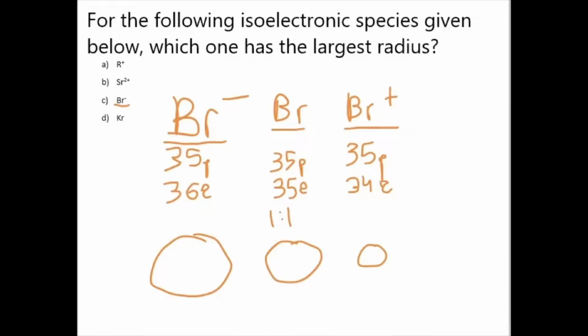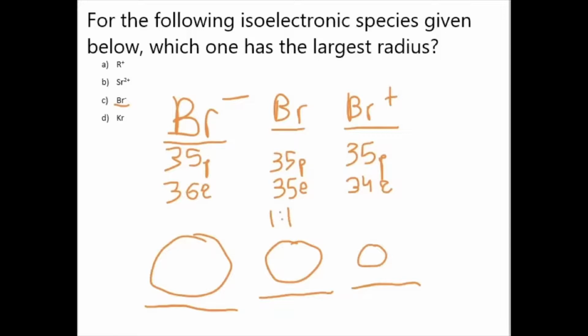And if we look at this, we can actually compare starting from this. So we see that this neutral one is that standard size. If we go to the positive one over here, we see that it gets smaller. And if we go to the bigger one over here, we see that it gets larger due to that negative charge.